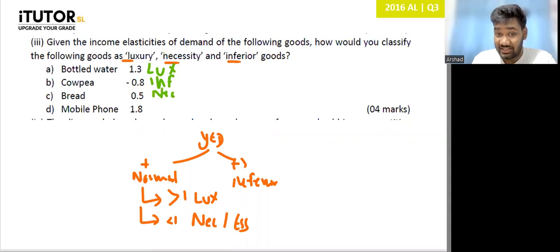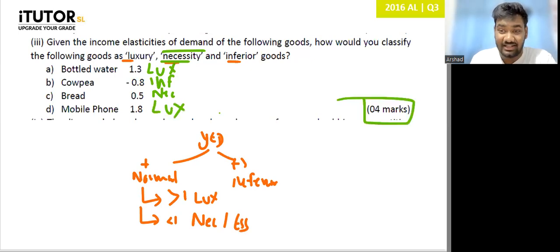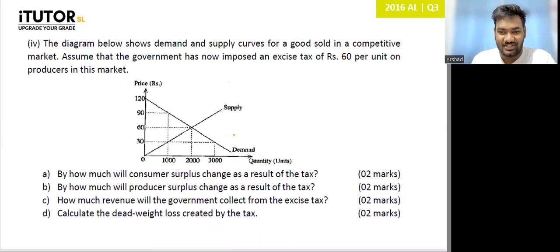Give the word that is in the question, guys. Don't say essential, give necessity, better. Mobile phones, 1.8, again luxury. So these are the easiest 4 marks you can ever get in your paper. As long as you know how to divide, you don't have to explain, you just have to classify it as luxury, necessity, or inferior.